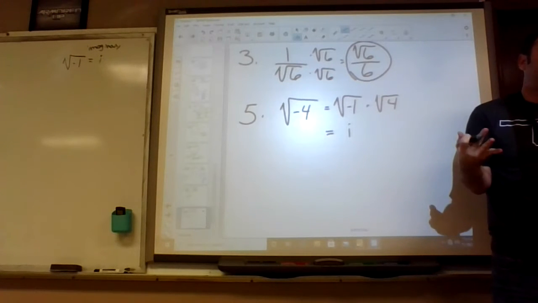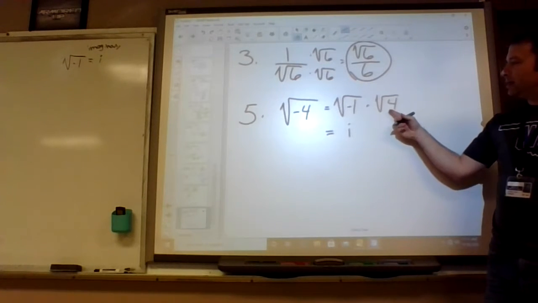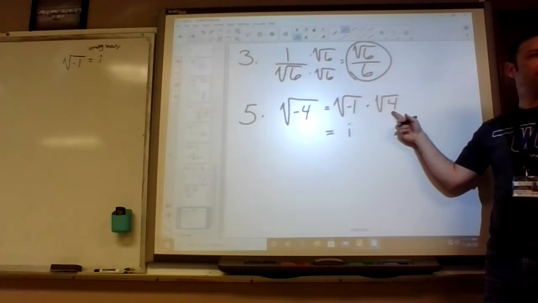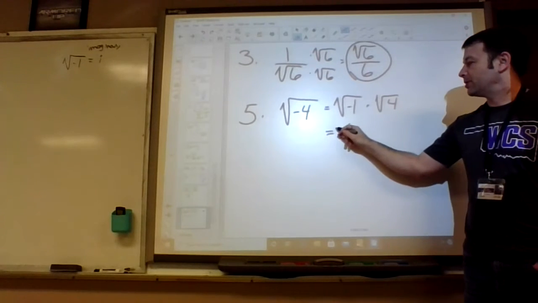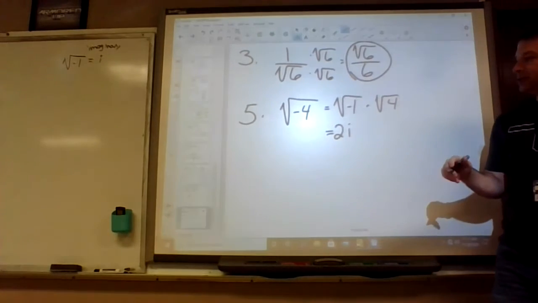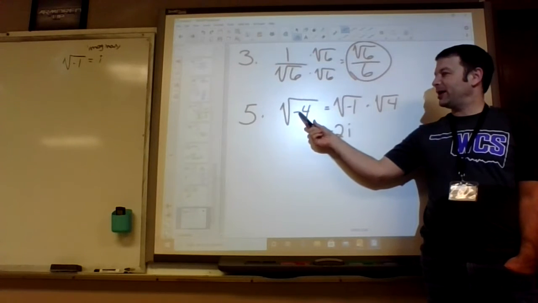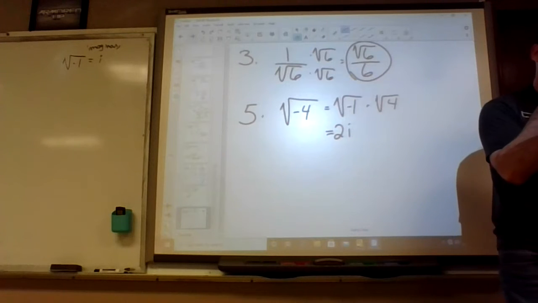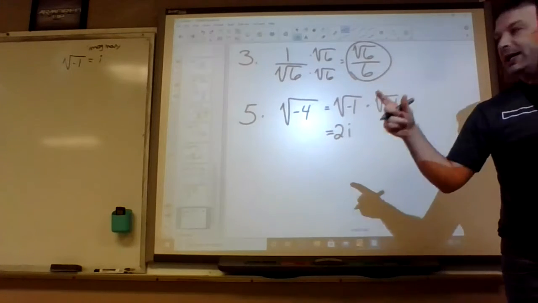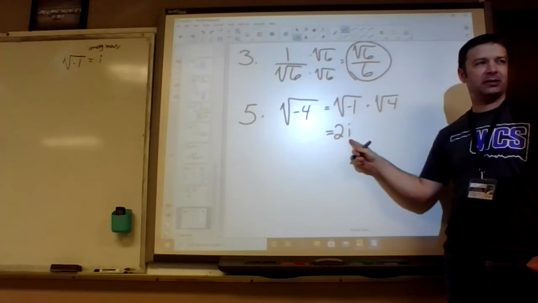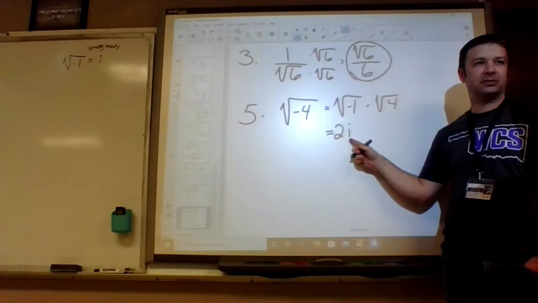You can't really do anything with it. But what's the square root of 4? 2. So this simplifies to 2i. Anytime you have a negative inside your square root, you just take it away and turn it into an i.